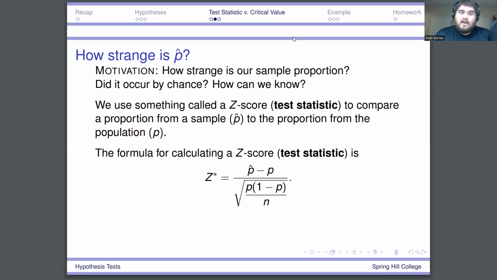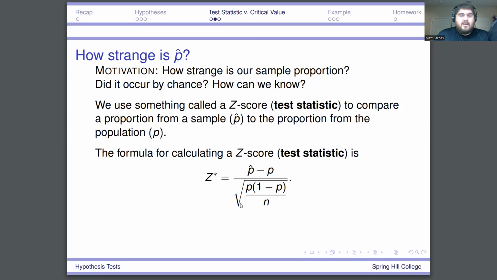It looks beefy. I promise it's not actually that bad. So our z-score here, we're going to call z star for our test statistic. So this star will indicate that came from our sample. This is our test. And what we're going to do is p hat minus p, so the thing we got from our sample, minus the thing we're being told about our population proportion. So sample proportion, population proportion.